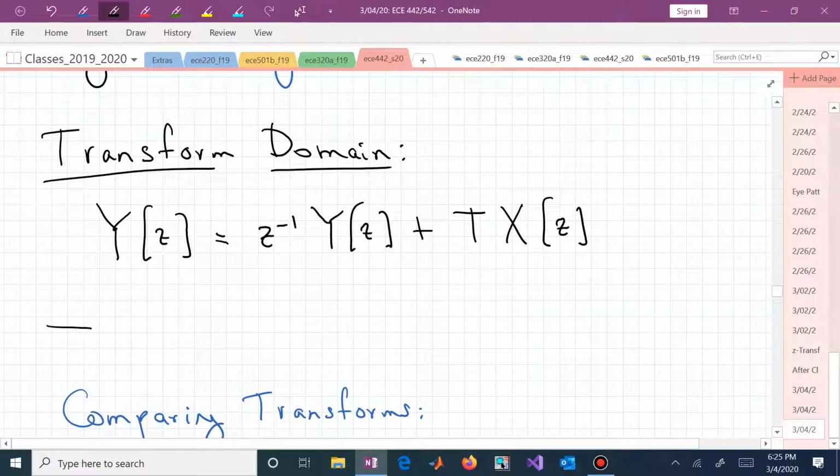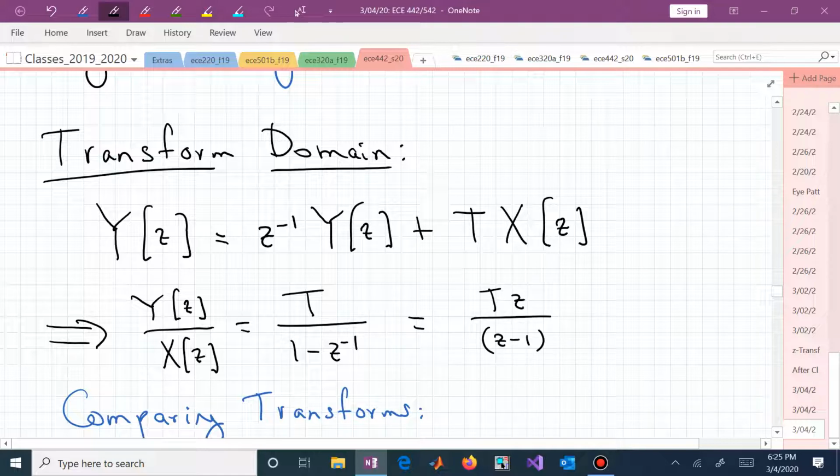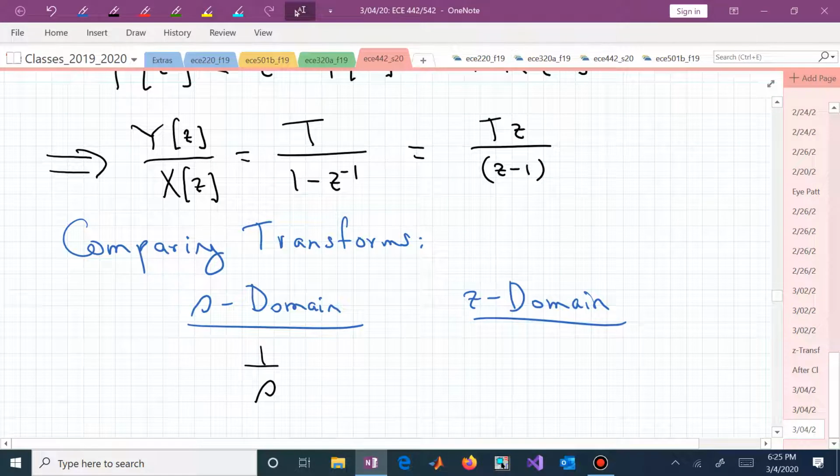Our approach was now to find Y of z over X of z, and that's now T over 1 minus z to the minus 1. Or, multiplying by z over z, we have Tz over z minus 1. If we're comparing transforms, 1 over s compares with what?